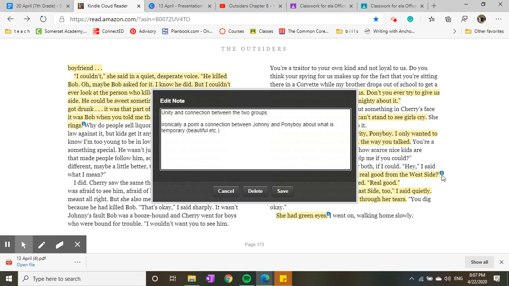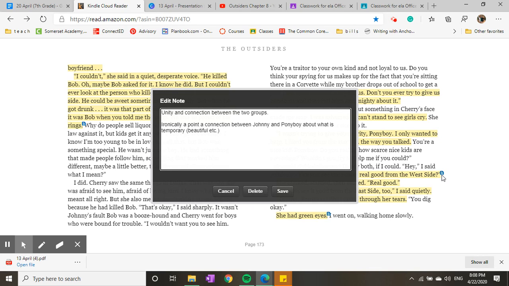So it's talking about unity and connection between them, which also explains why Cherry and Ponyboy, and more so, not all of them, but these kind of offline characters, because even she's talking about how he's a little bit different from everybody else, are able to see how unity and connection are off in the distance.